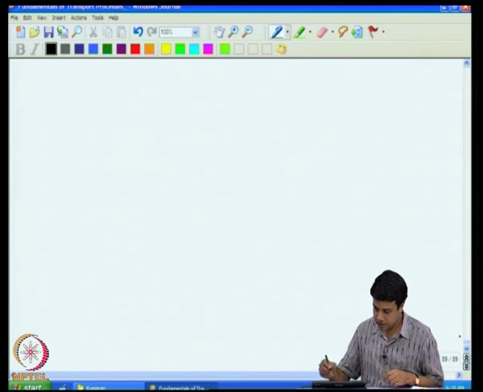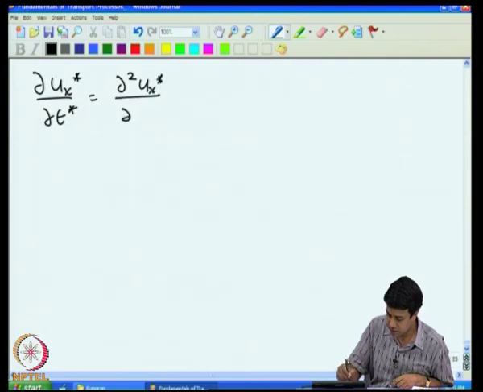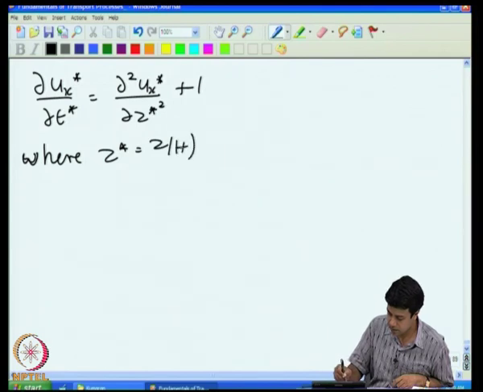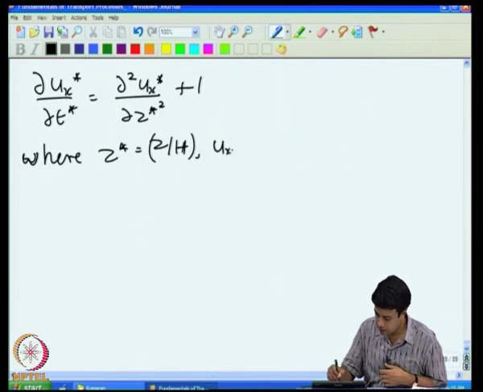So, if I put this in, then I will get an equation of the form partial ux star by partial t star is equal to partial square ux star by partial z star square plus 1, where z star is equal to z by h and ux star is equal to ux nu by h square g sin theta.